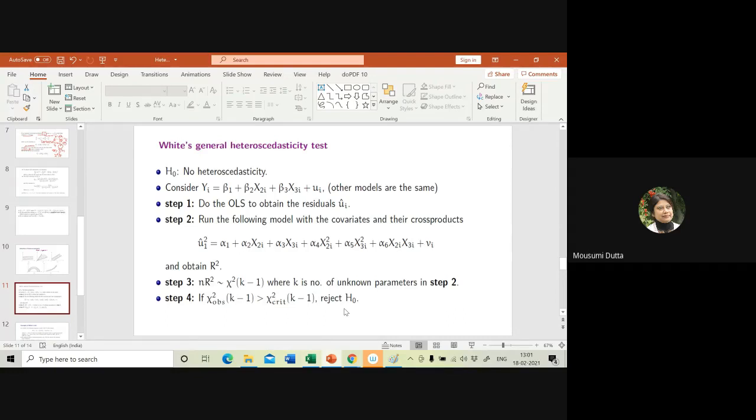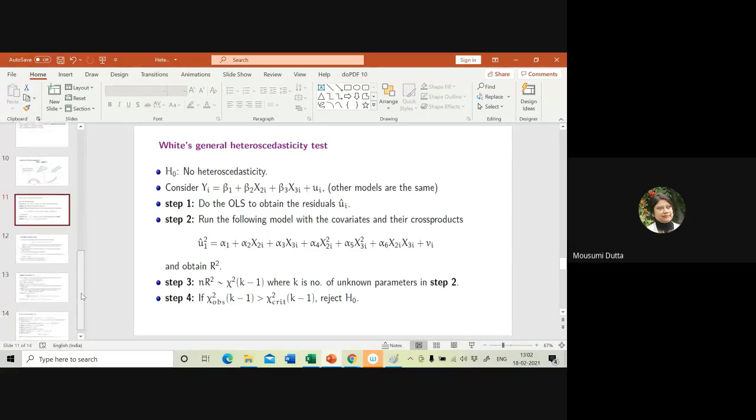Now, if I add one more explanatory variable, say x4i, you need to regress the square of the residual on x2i, x3i, x4i, then x2i, x3i, x4i squared, and then all the cross products. So if the number of variables increases, the number of explanatory variables in this regression also increases.